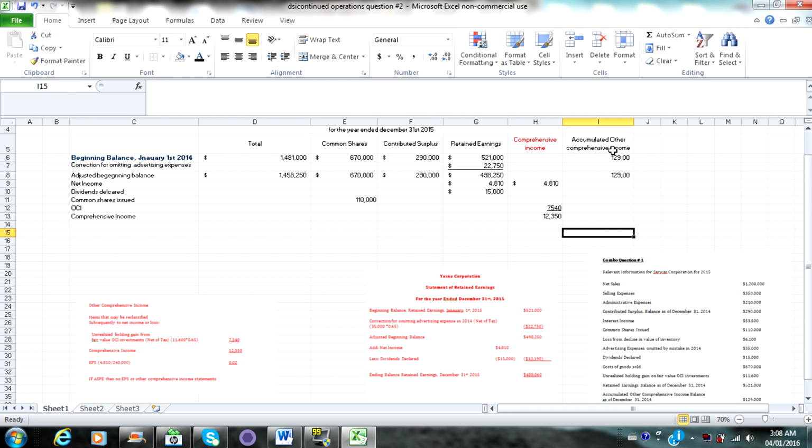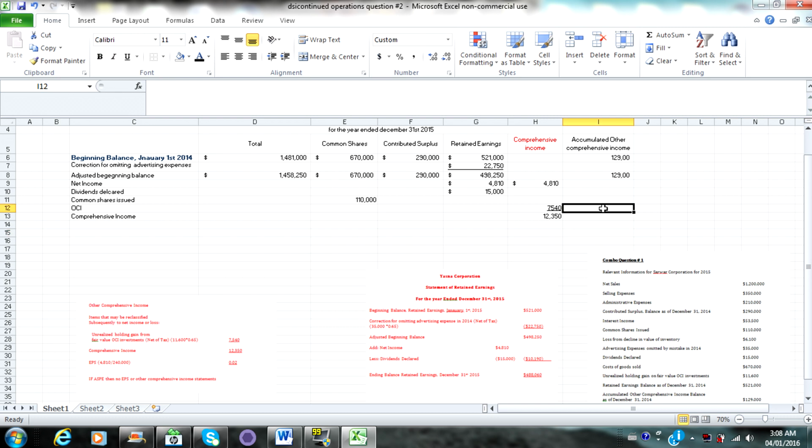Now, all we need to deal with is our accumulated other comprehensive income. What this account represents is that other comprehensive income encapsulates all of the other comprehensive incomes that the firm has included for all the years in the past. Essentially, other comprehensive income is closed off to accumulated other comprehensive income every single year.